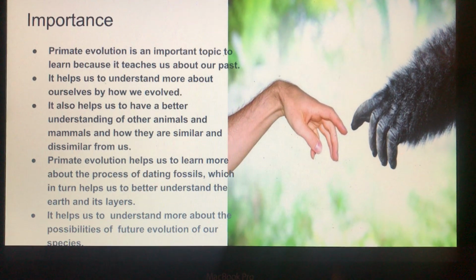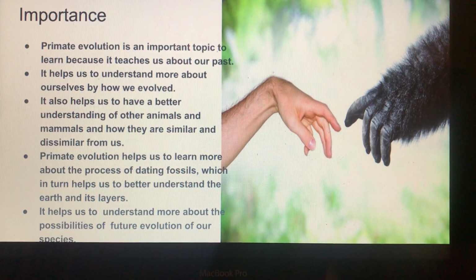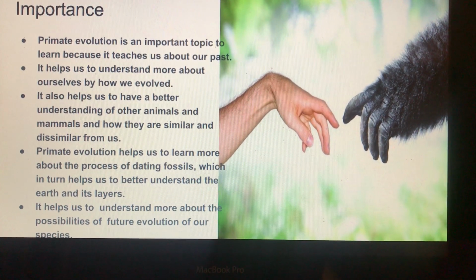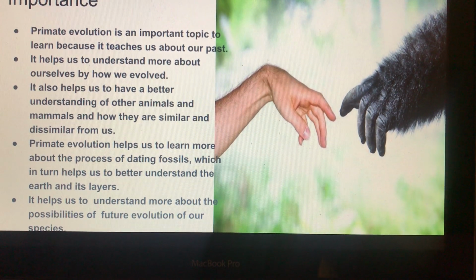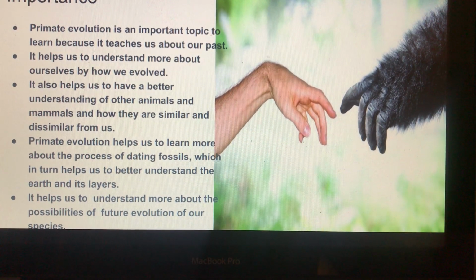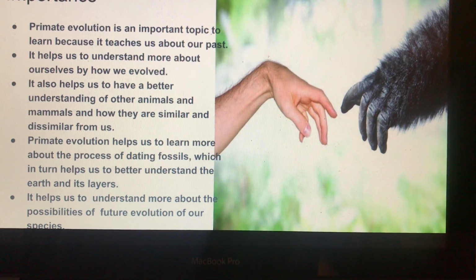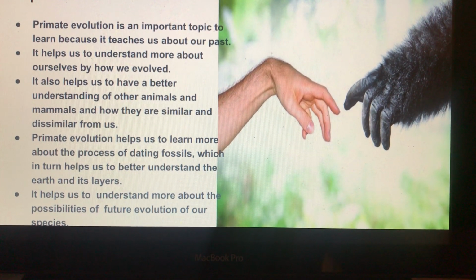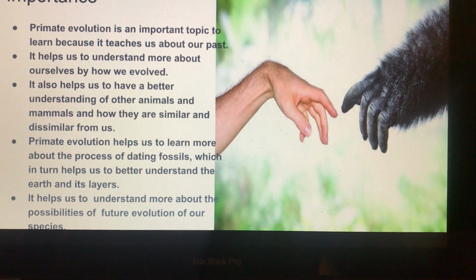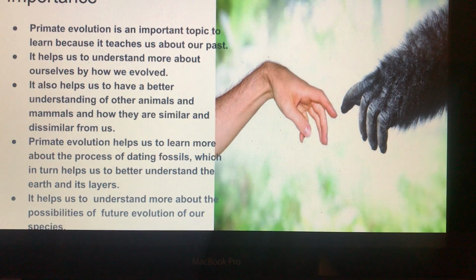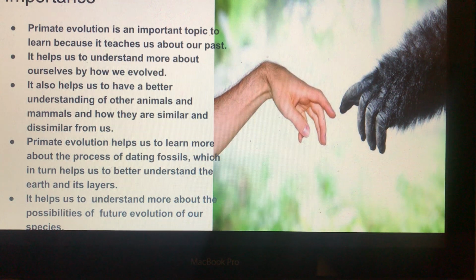The importance. Primate evolution is an important topic to learn because it teaches us about our past. It helps us to understand more about ourselves by how we evolved. It also helps us to have a better understanding of other animals and mammals and how they are similar and dissimilar from us.